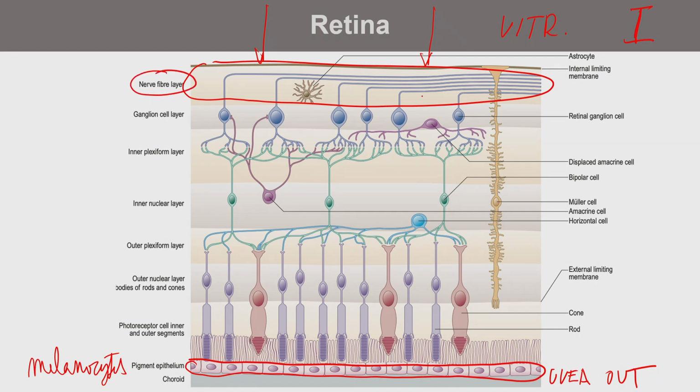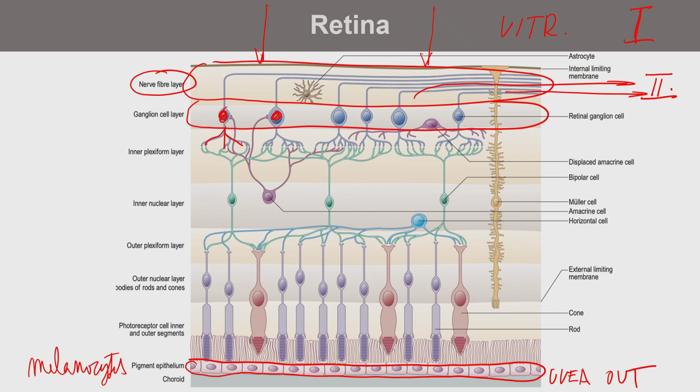And those are fibers which are collecting the information and going into the optic nerve. So it is going to the second cranial nerve. Then we have a layer which is called ganglional layer. There are ganglional cells or ganglional cell bodies.